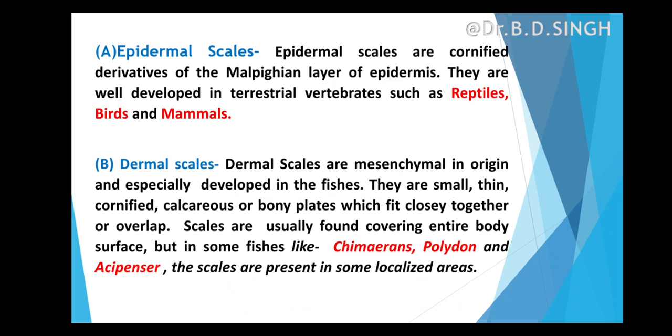B. Dermal scales. Dermal scales are mesenchymal in origin and especially developed in fishes. They are small, thin, cornified, calcareous or bony plates which fit closely together or overlap. Scales are usually found covering the entire body surface, but in some fishes like chimaeras, Polyodon and Acipenser, the scales are present in some localized areas.